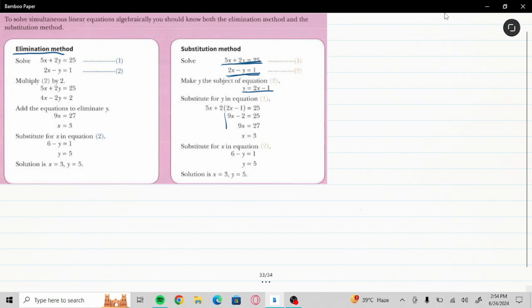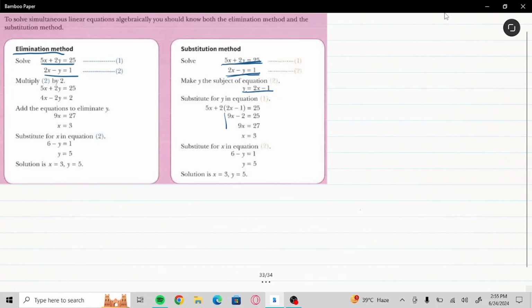So 5x plus 2y is equal to 25 is the same example, and 2x minus y is equal to 1. What we have to do right now is to find a way in which equation 1 or equation 2 would allow the y value or the x value to be taken out.